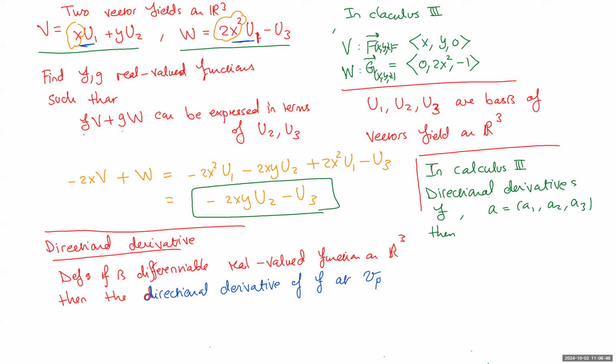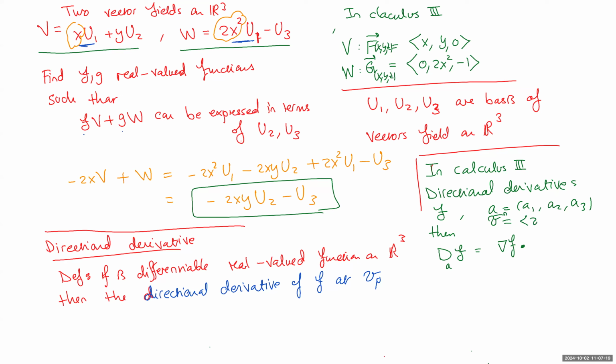One way to represent that was df at a, and this was the gradient of f dotted with v, which is the vector.